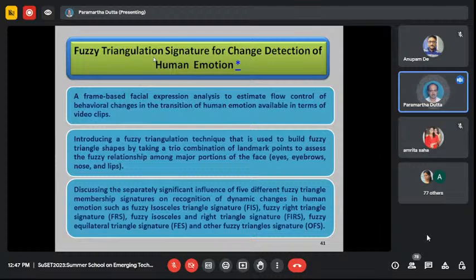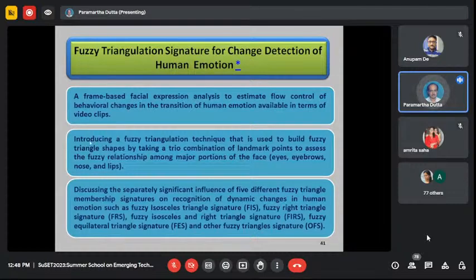Now, in fuzzy triangulation signature for change detection of human emotion, which is being considered now, we use frame-based facial expression analysis to estimate flow control of behavioral changes in the transition of human emotion, available in terms of video clips.